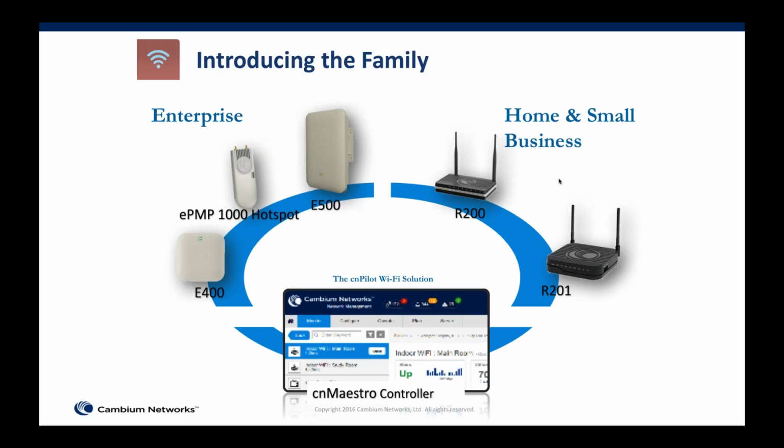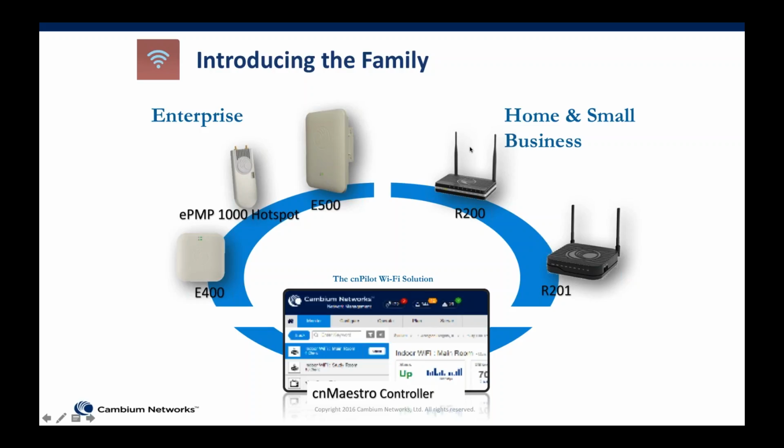On the home and small business side, we have the home routers R200 and R201. These are mainly routers that we sell to wireless ISPs and ISPs around the world. Today we won't be spending a whole lot of time on this, but we'll set up a different webinar to go over those features.